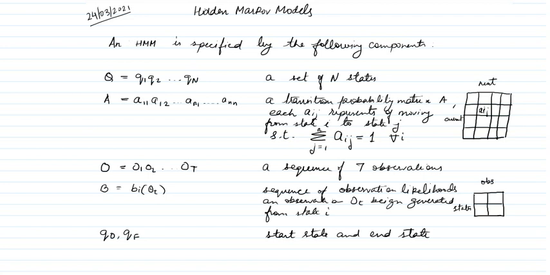So B of i, ot means the ith state is having some kind of observation. Each of these bi will produce, for a single observation, some probabilities, and a single state for all the observations will produce some probability, right?